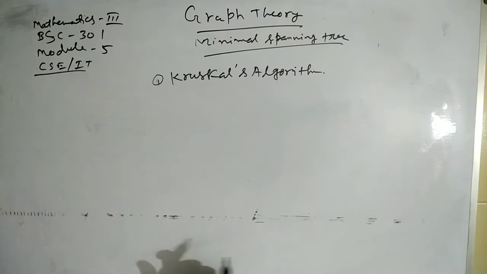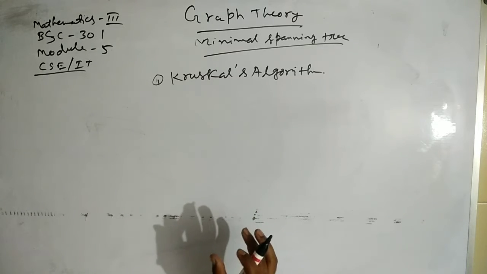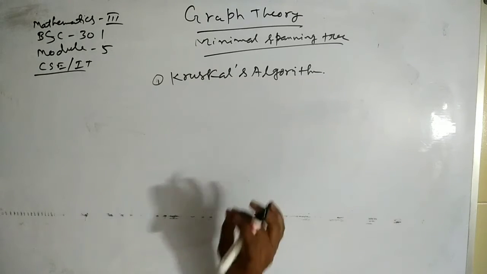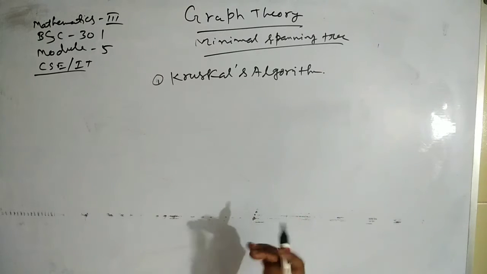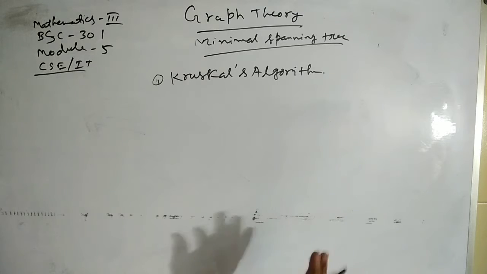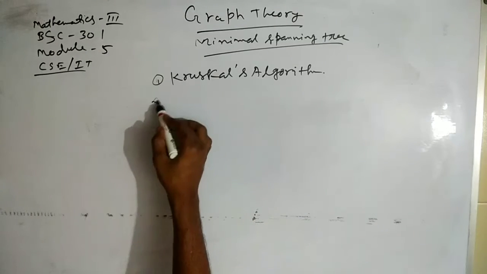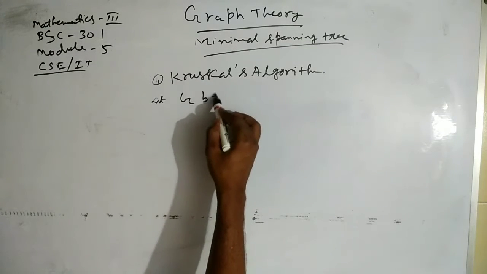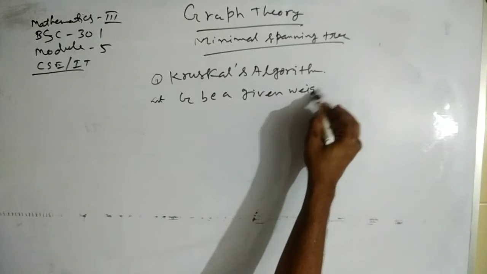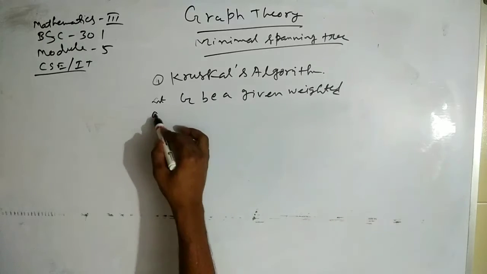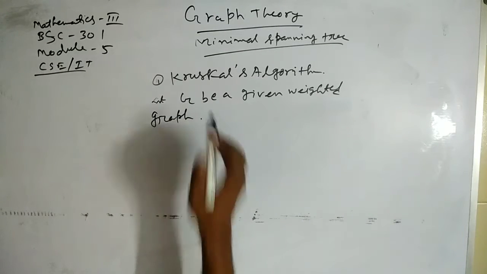So what is Kruskal's algorithm? In Kruskal's algorithm, we have to first arrange the edges in increasing order according to the weight of the edges. Okay. So let G be a given weighted graph.